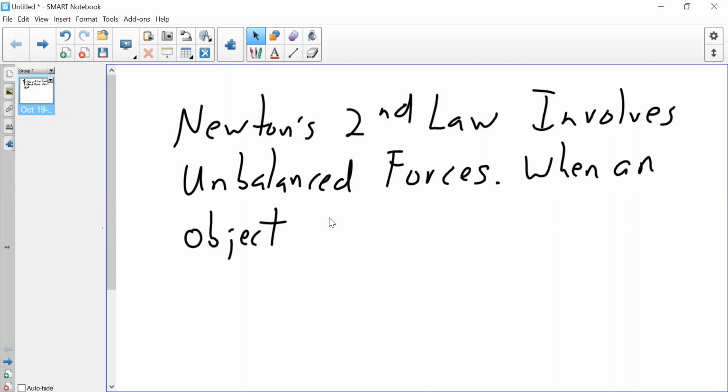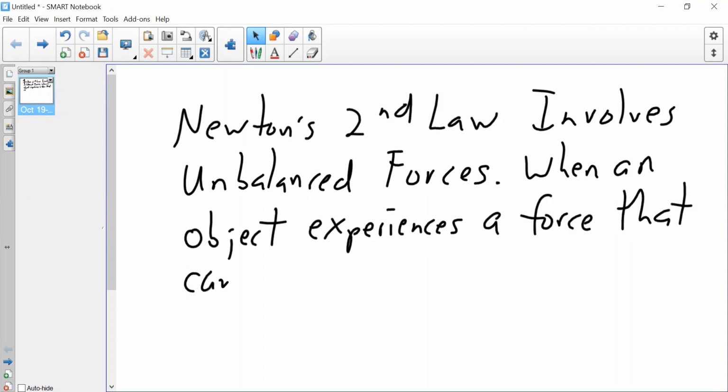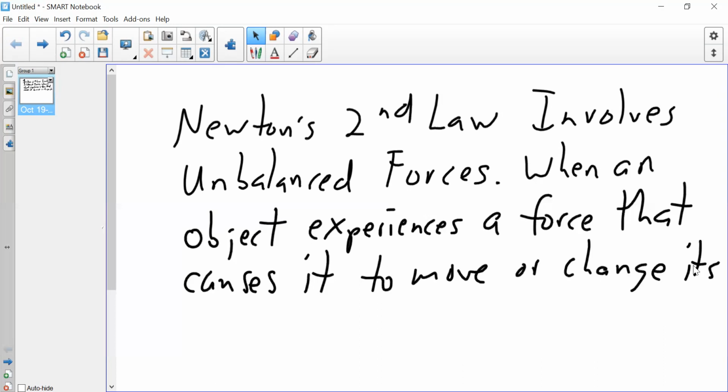When an object experiences a force that causes it to move, change its velocity, this situation can only happen if there's an unbalanced force, because in Newton's first law, everything's balanced, all the forces add up to 0.